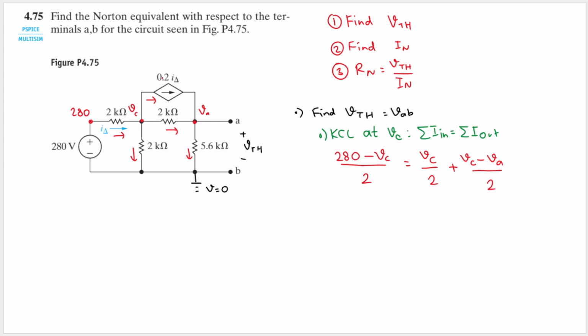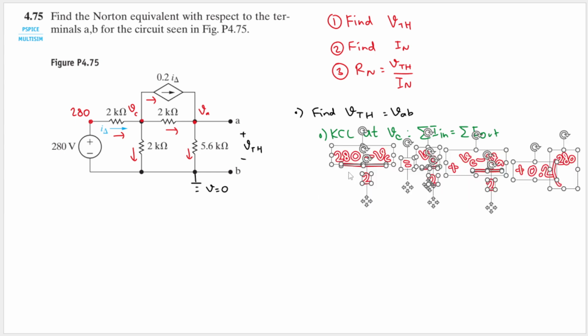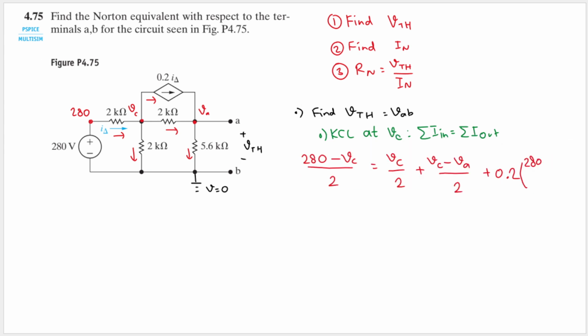And then for this branch, we have 0.2 I delta. So we will have plus 0.2 I delta. What is I delta? I delta is this one. So we will have this value, which is 280, oh, I ran out of space. Let's move this slightly to the left. Okay, we will have 280 minus VC divided by 2.